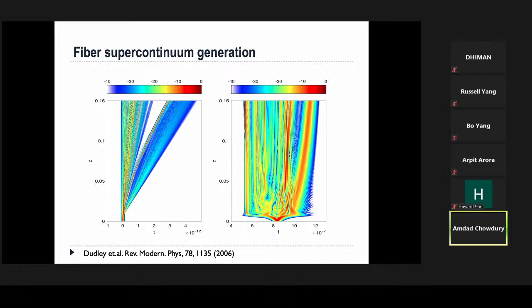On the right side is its frequency domain. As you can see, the soliton breaks apart and develops a continuum of frequencies as it evolves in time.